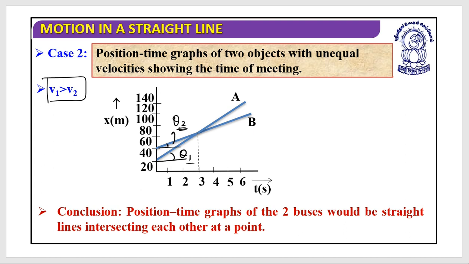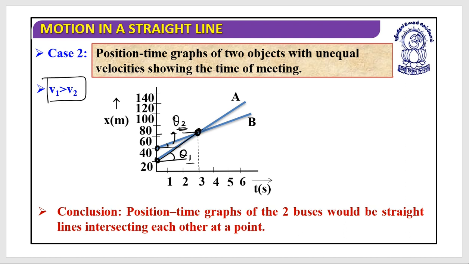So again the same case is there: this object started from 20 meters, and this object has started from 40 meters, but as both are moving with unequal velocities, at a certain position and at a certain time they will meet. It is approximately this location where they intersect.